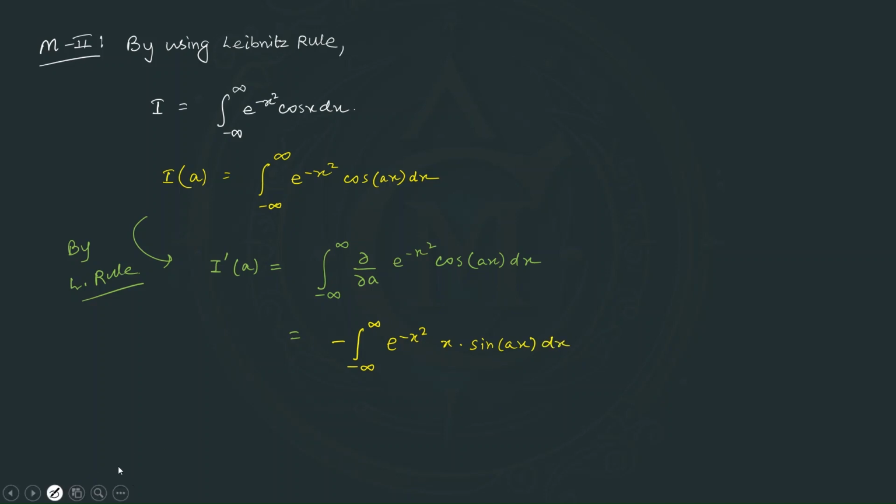Now if we club these two terms, this is nothing but some du. Now what is this u? This u is nothing but half times e to the power minus x square, and with a negative sign. So if we consider this as the second function here and this as the first function, we can apply integration by parts.